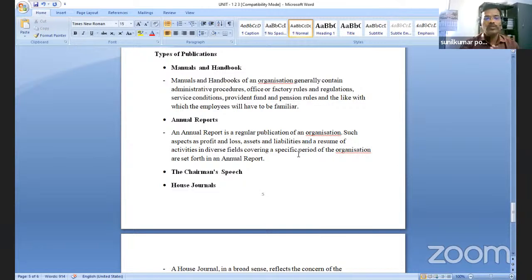And a resume of activities in diverse fields covering a specific period of the organization are set forth in an annual report. Every company, organization, or corporation has some goals, their targets, their profit target. So sometimes they make a loss, but everything comes in the annual report.